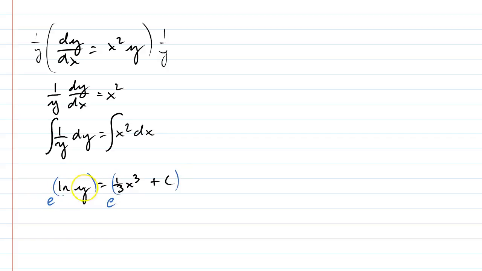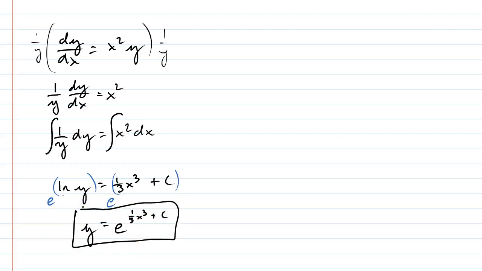What ends up happening is that e to the ln of something is just y, but on the right side we have e to the 1/3 x cubed plus c. All of that is up in the exponent. Now there are some ways to simplify it, but really let's just stop there and say this is the answer.